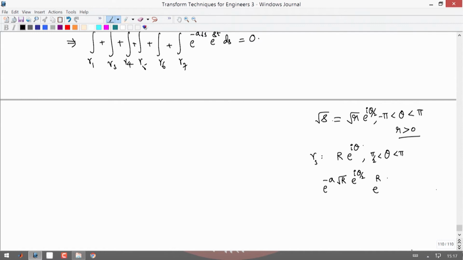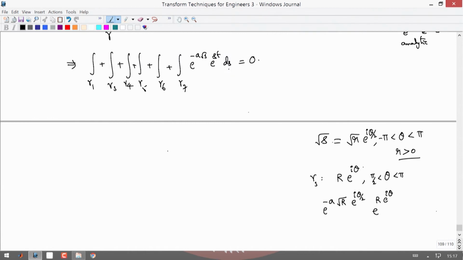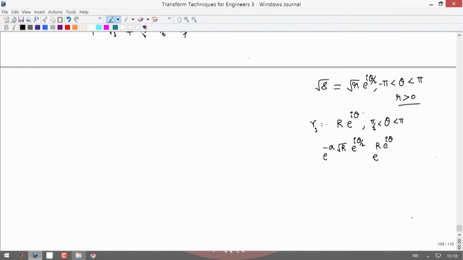S is r times e power I theta, and then ds, once you parameterize over that curve gamma 3, s equal to this, you have ds will be r times I e power I theta d theta. So, you can write the integral over pi by 2 to pi, with this one times r times I times e power I theta d theta.